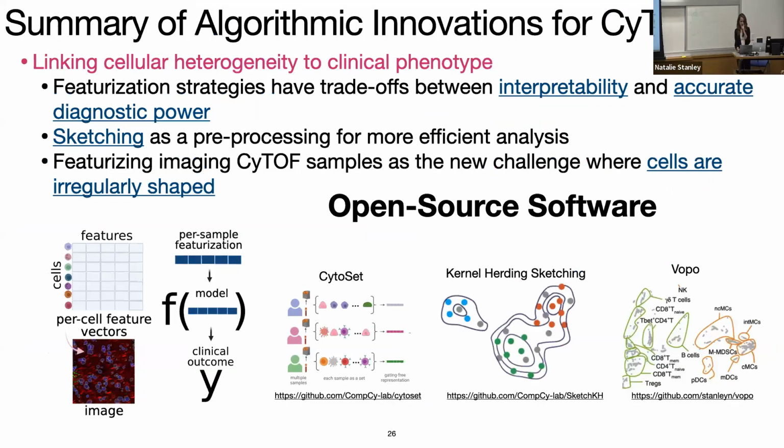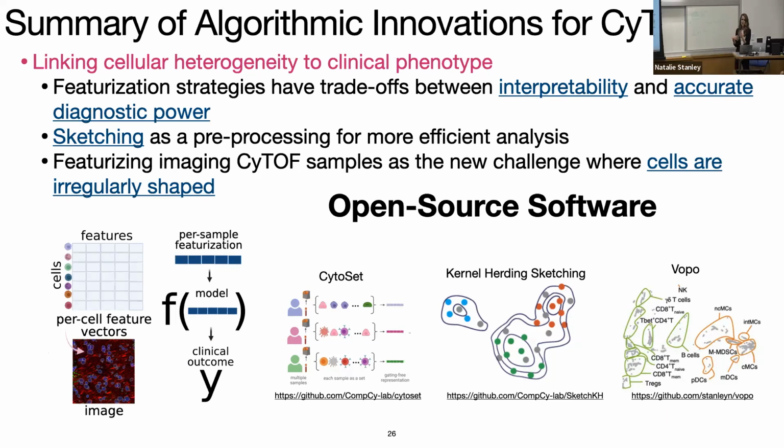Okay, so I'm going to briefly talk in the last 10 minutes about some of our future work related to neurodegeneration and microglia in particular, but I just wanted to summarize the main algorithmic contributions that I discussed. So we have these different featurization strategies that have trade-offs between interpretability and accuracy, right?